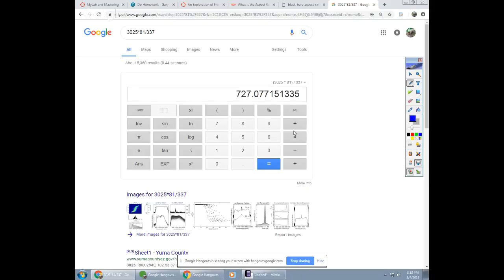It's probably not going to go into this evenly, which is all right. Let's see, I think I'll probably start over. So I'm going to write the square root of 3025 times 81 divided by 337. So I get a height of about almost 27 inches.